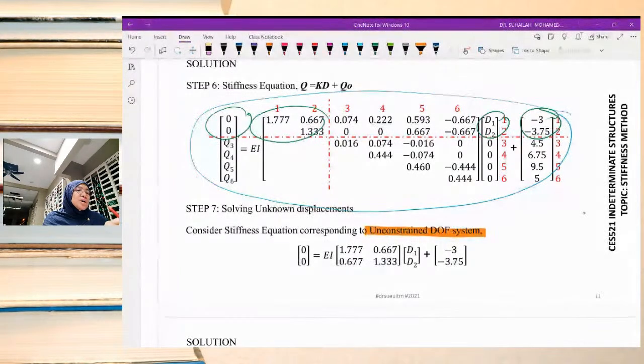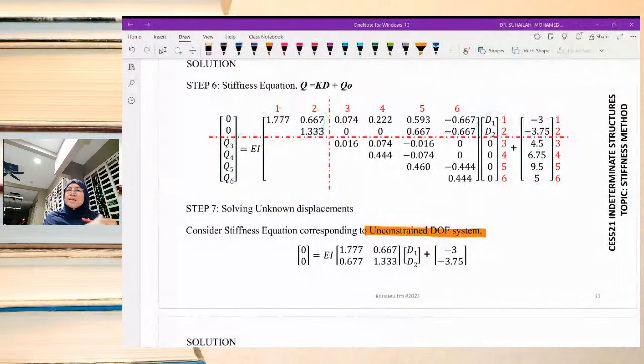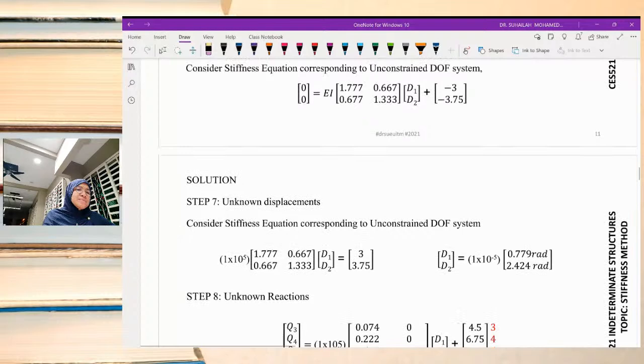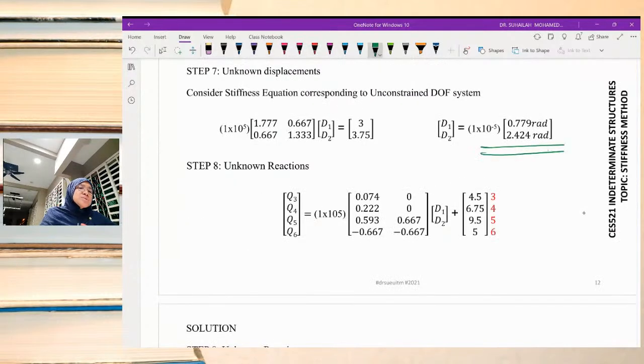But this is not compulsory to write in full, because when we want to solve for the unknown displacement, we just need to consider this, unless support settlement is given. So solve this. So we get displacement, both in radian, because d1 is theta at B, d2 is theta at C. So that is why the unit of d1 and d2 is in radian.